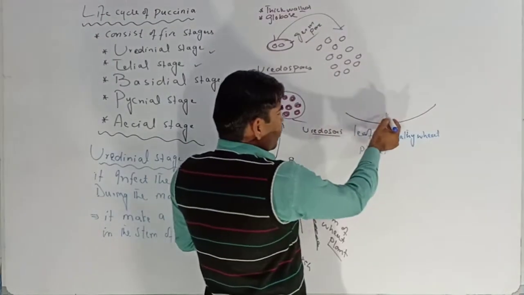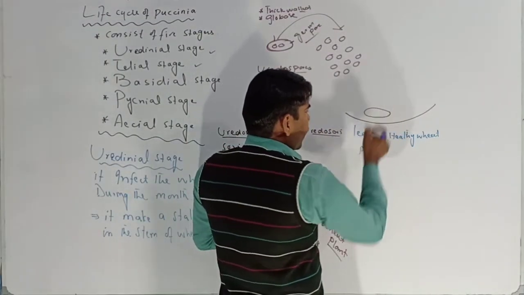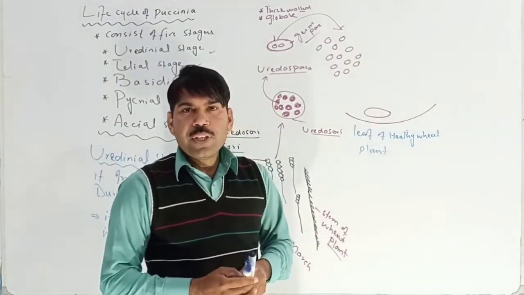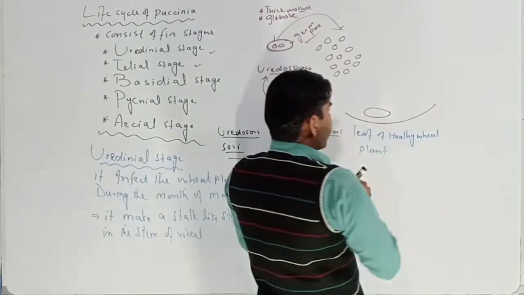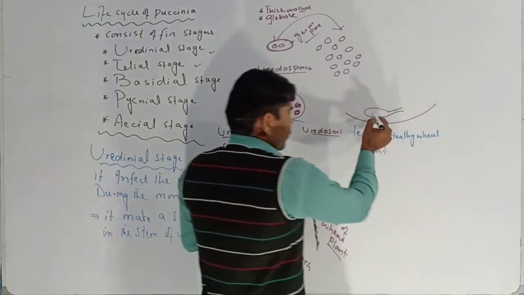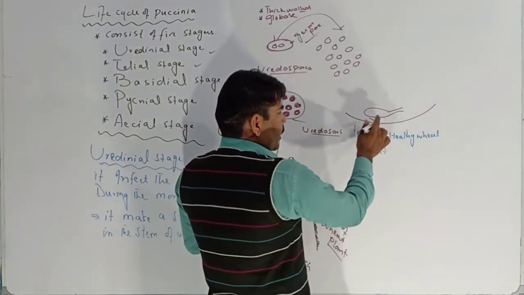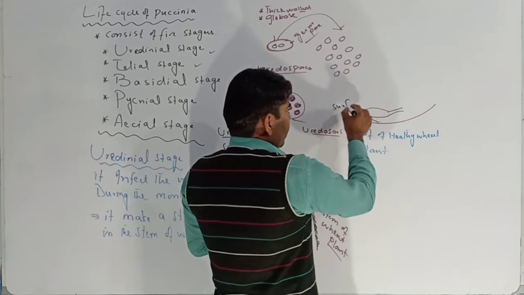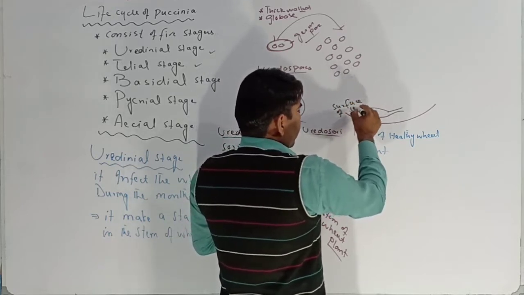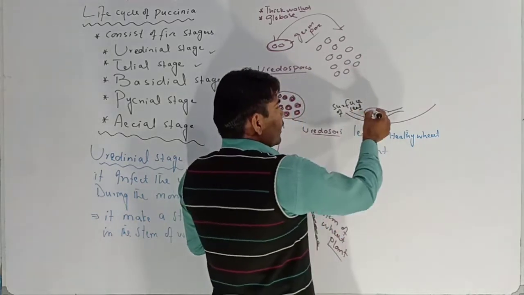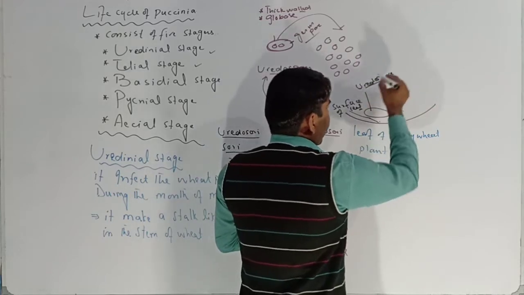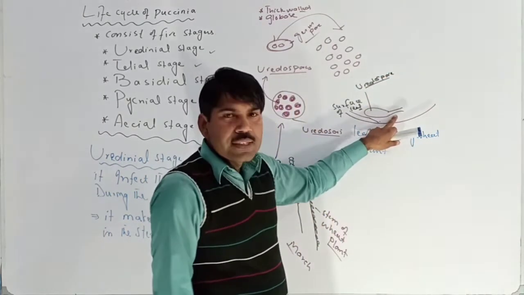When these spores fall on the surface of the leaf of the wheat plant, they will start germinating and produce a germ tube. This is the surface of the leaf of the wheat plant. This is the urediniospore, and on germination, this is a germ tube.